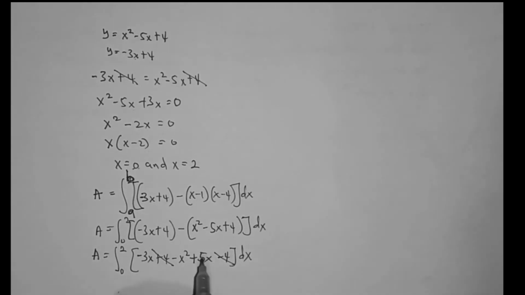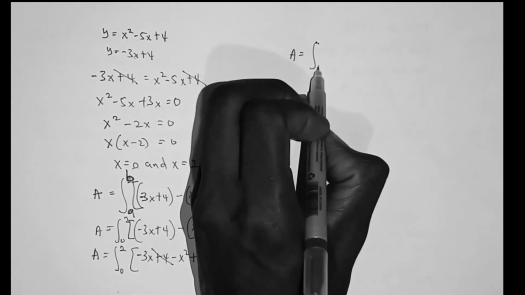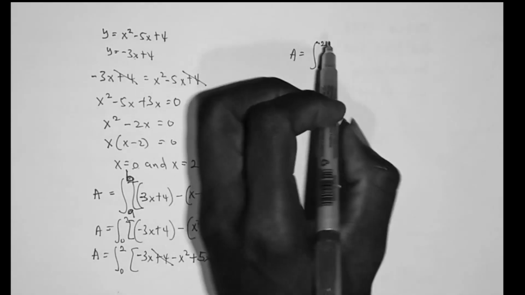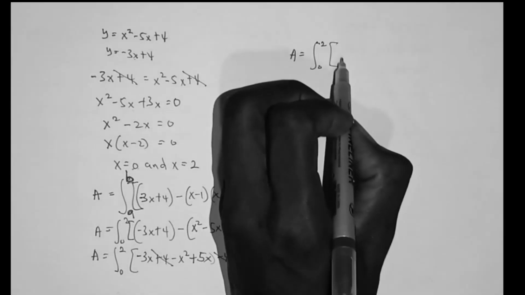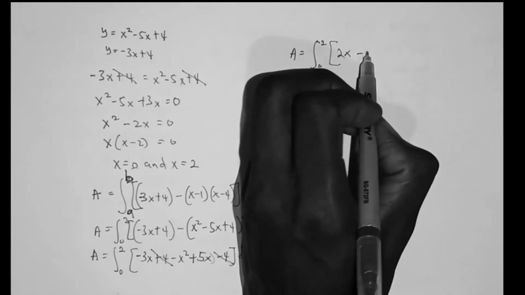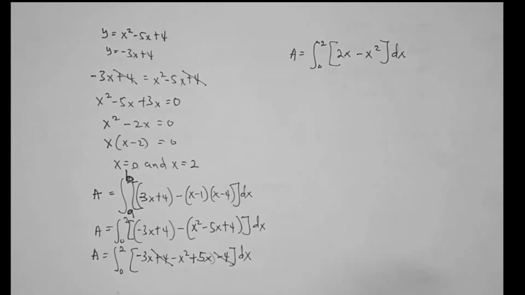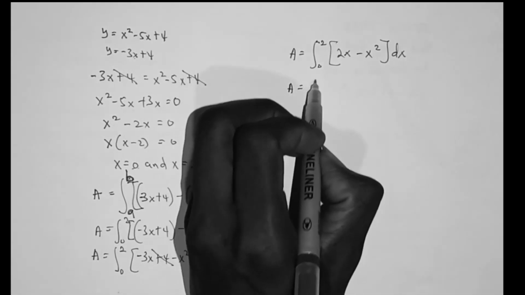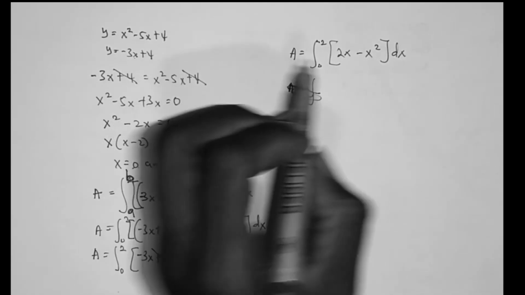Minus 3x plus 5x becomes 2x. So area is equal to integral of 0 to 2 into bracket 2x minus x squared dx.